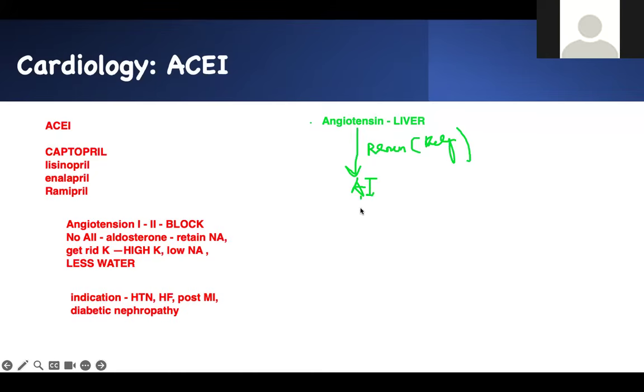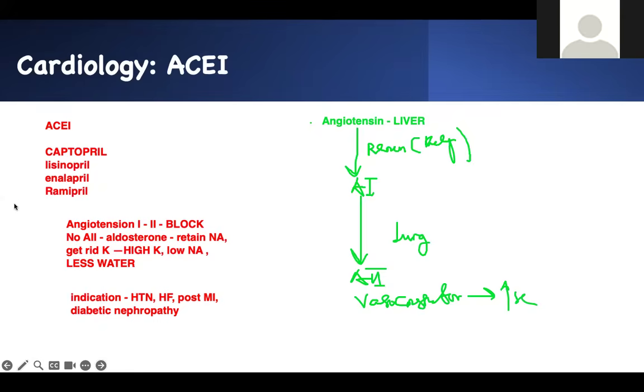This angiotensin 1 goes into the lung and is converted into angiotensin 2 in the lung. This angiotensin 2 is a potent vasoconstrictor. It constricts your vessels, and this increases your blood pressure. This is why it's very, very important.